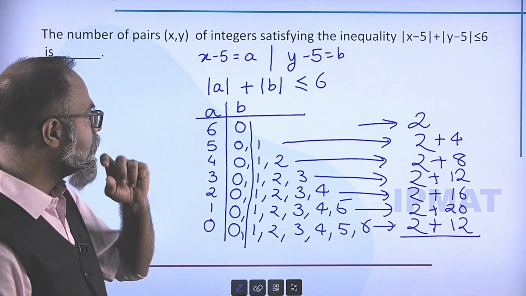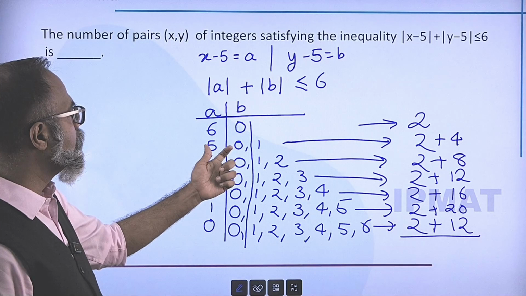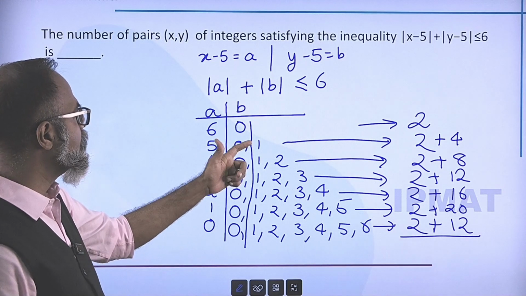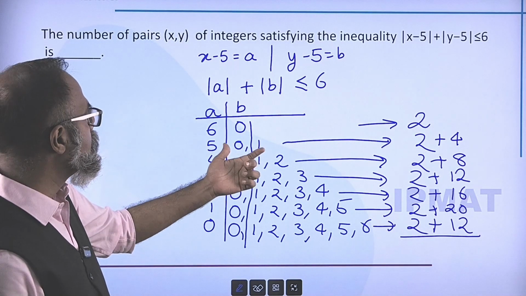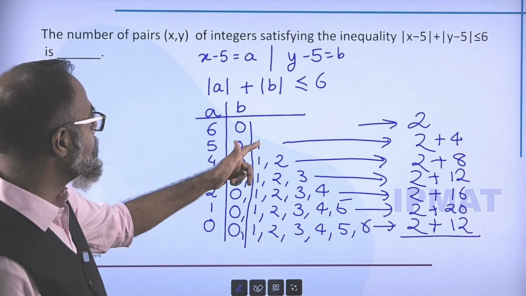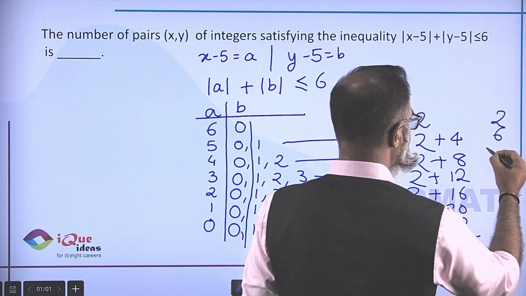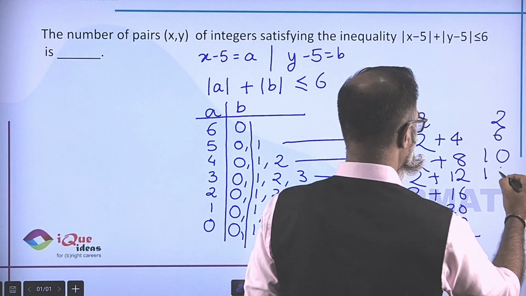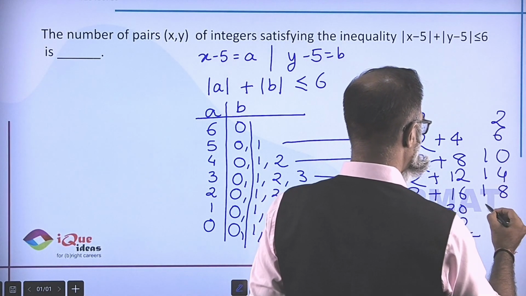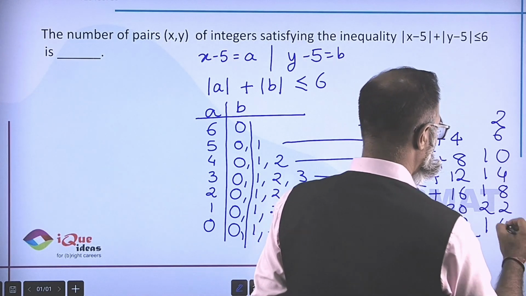Okay, am I missing out anything? No. So plus 5, 0, minus 5, 0, plus 5, 1, minus 5 and 1, right? And minus 5, minus 1, plus 5, minus 1. Okay, so now this is 2 plus 6 plus 10 plus 14 plus 18 plus 22 plus 14 again.